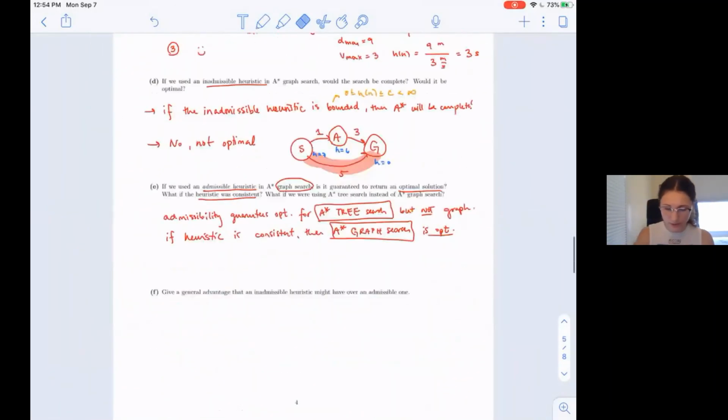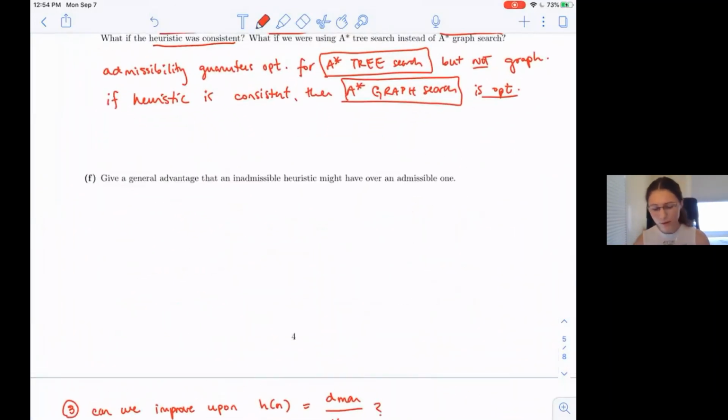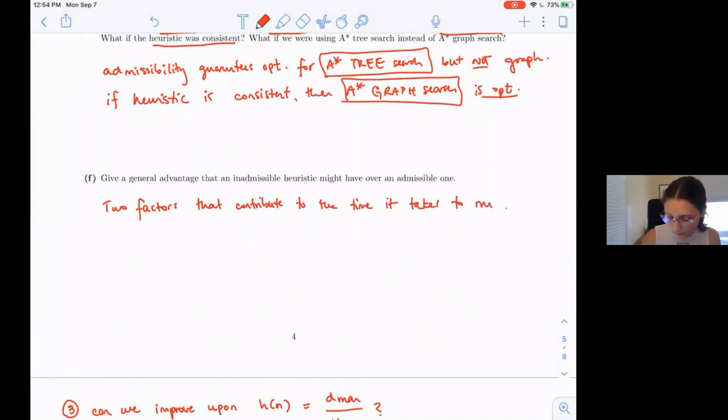All right, last question. Give a general advantage that an inadmissible heuristic might have over an admissible one. Well, there are two factors that contribute to the time it takes to run A star. The first factor is the number of nodes that are expanded.